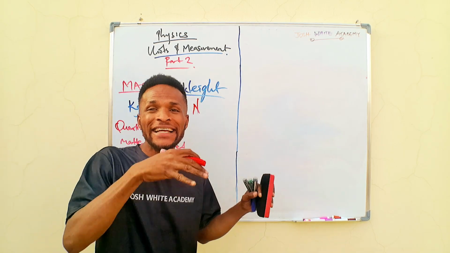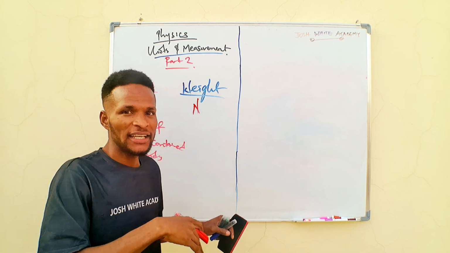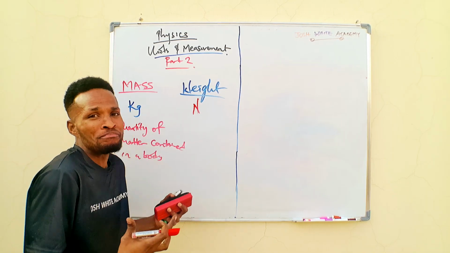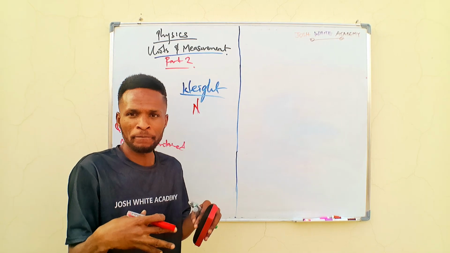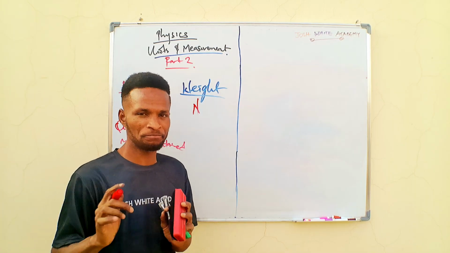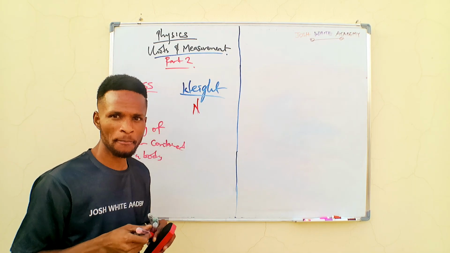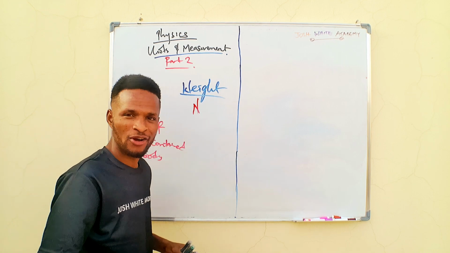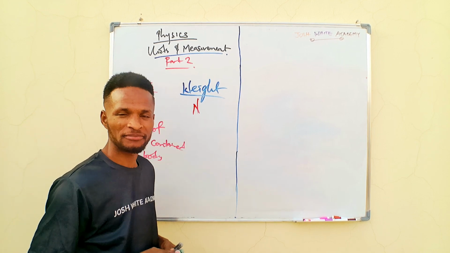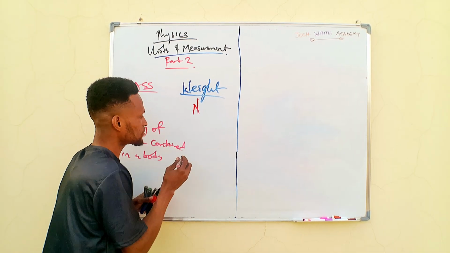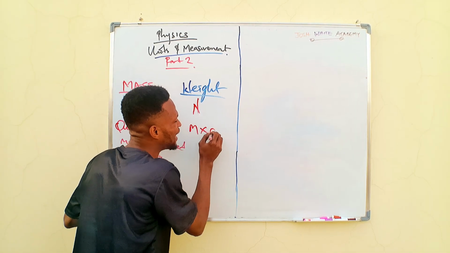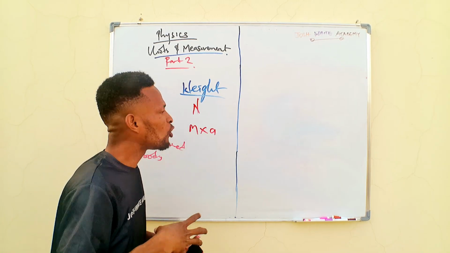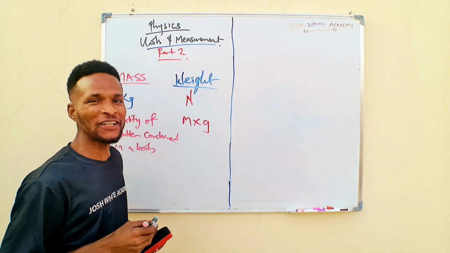That's why matter is defined related to mass. So the quantity of matter a body contains speaks of its mass, whereas weight is the influence of gravitational force on our body. Weight is mass multiplied by the gravitational influence on the body.